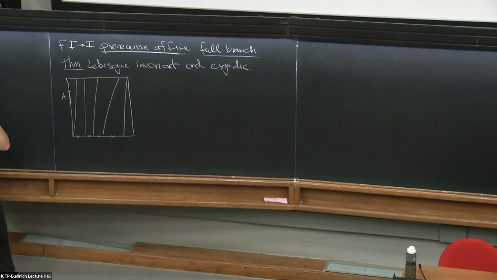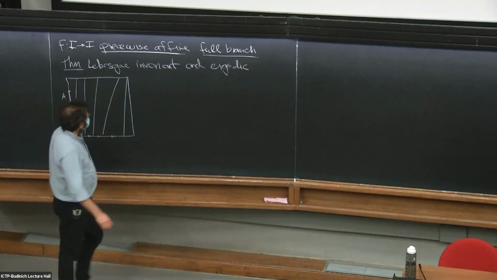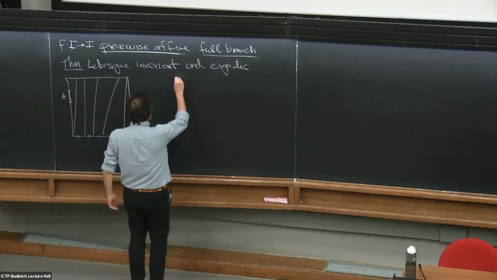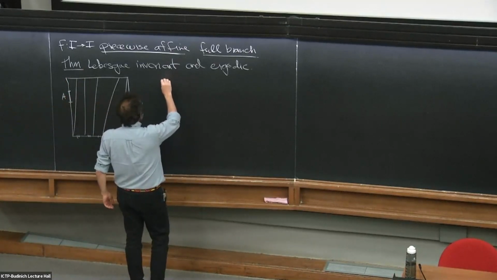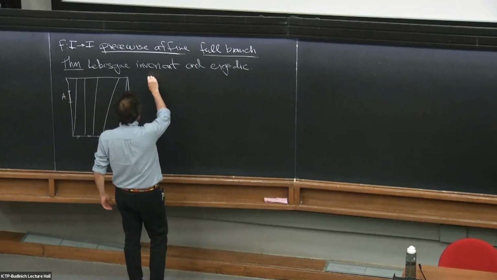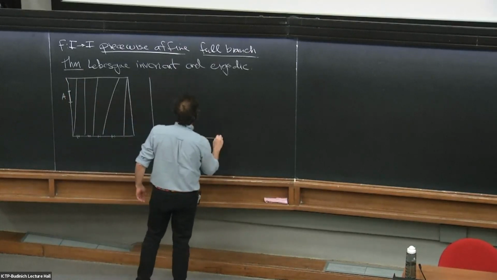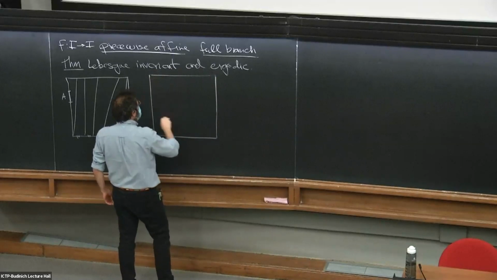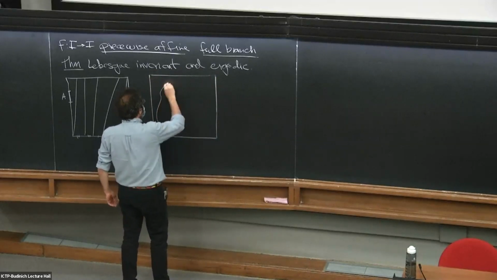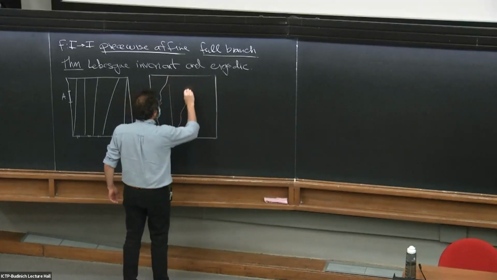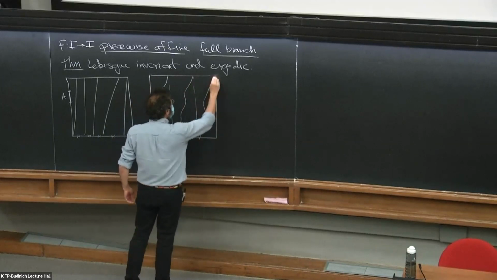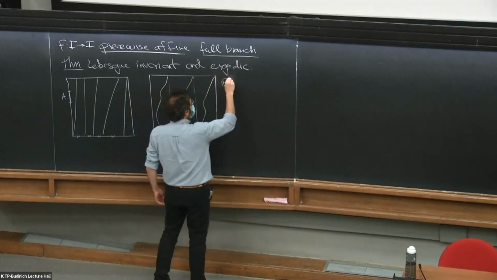So if we relax this, we want to look at maps where the derivative is not constant, piecewise C1.